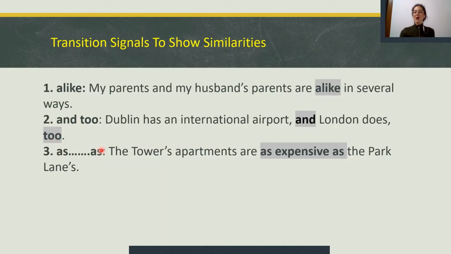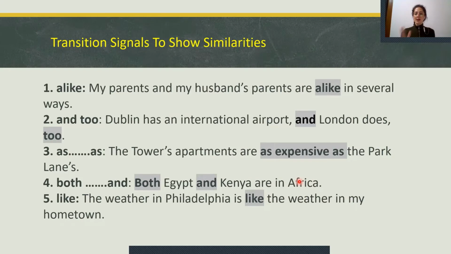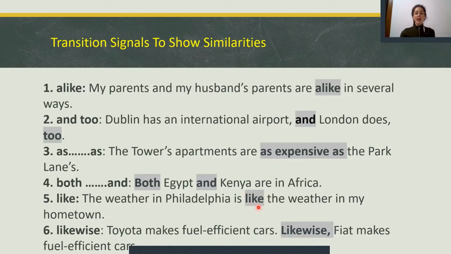As: the tourist apartments are as expensive as the parklands, the same level. Both: both Egypt and Kenya are in Africa, so two parallel things. Like: the weather in Philadelphia is like the weather in my hometown. It is like, similar to, the same.